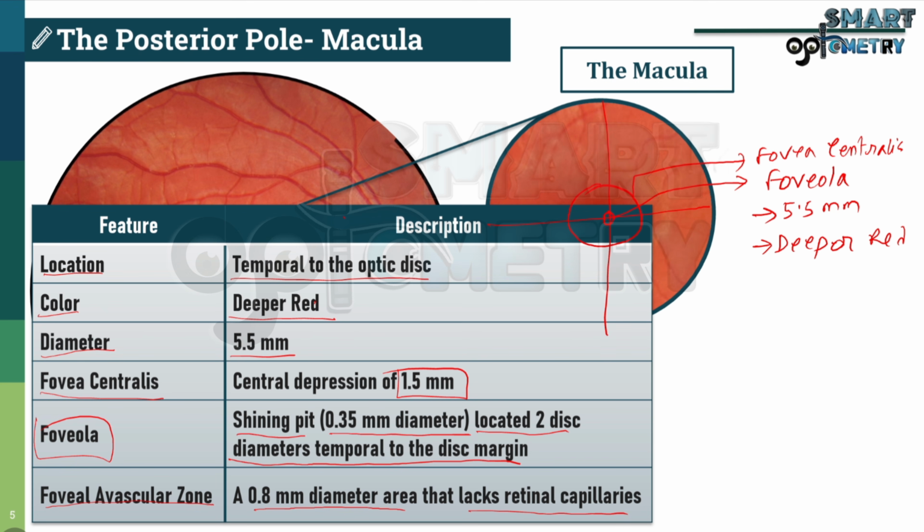So at the center of the macula there is a fovea centralis, and at the center of the fovea centralis there is foveola.